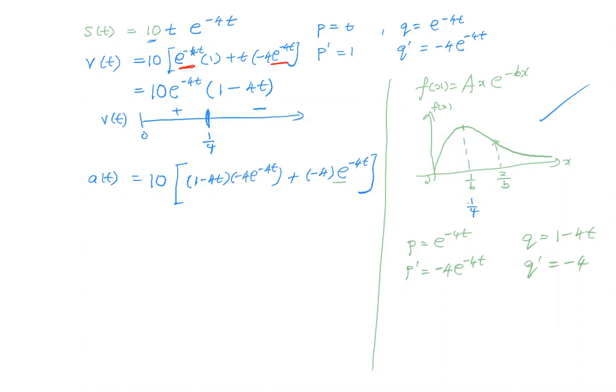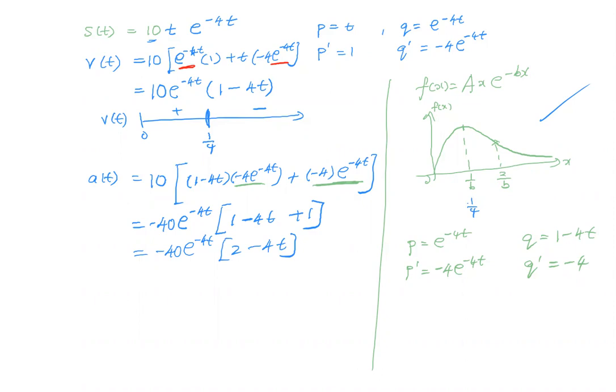Common factor, -4 e to the power of -4t. So take out -4 times 1, -4 e to the power of -4t. Close. 1 minus 4t, take out, 8t plus 1. So I have -4 e to the power of -4t, 2 minus 4t.